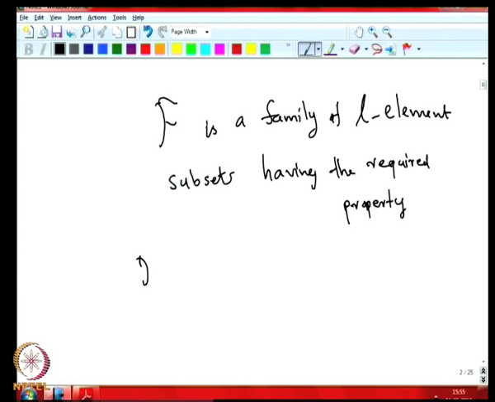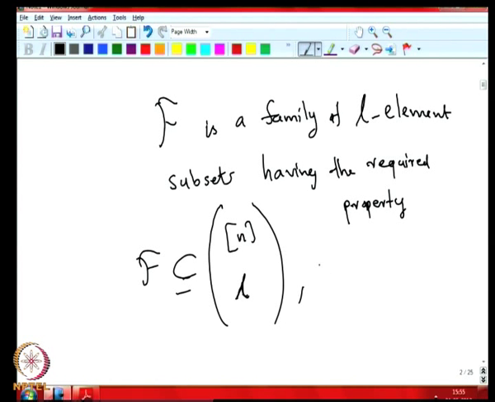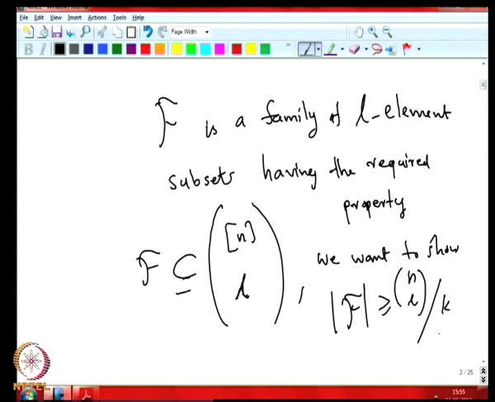So note that F is a subset of n choose L, which is the notation for all the L element subsets of n. Now we want to show that the cardinality of F is at least n choose L divided by k choose L. This is what we want to show, right.